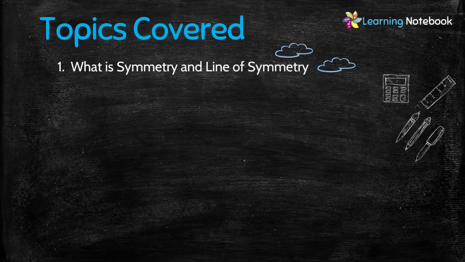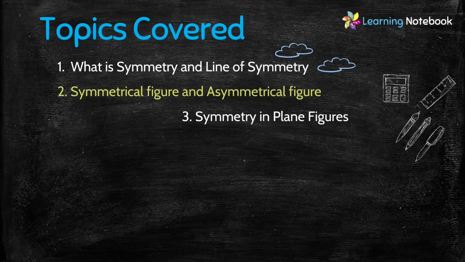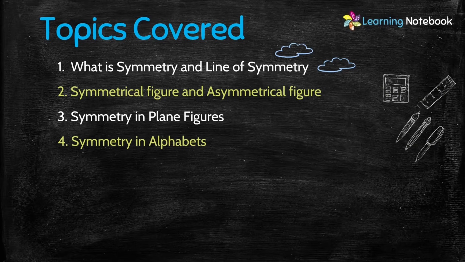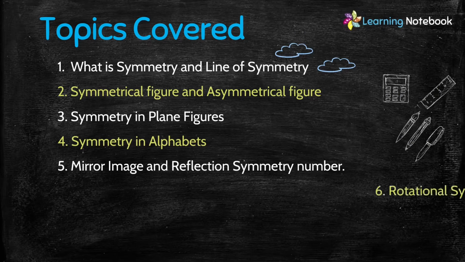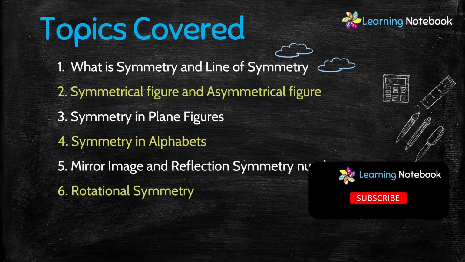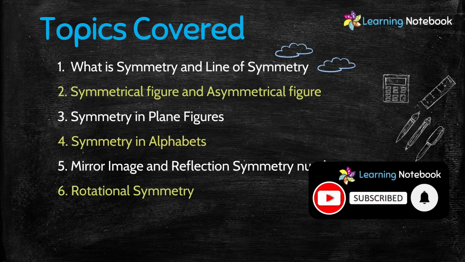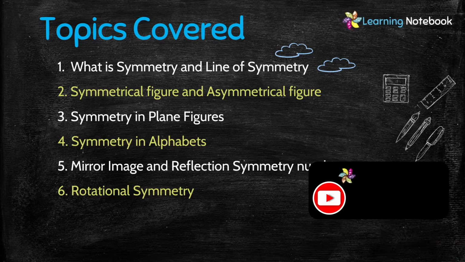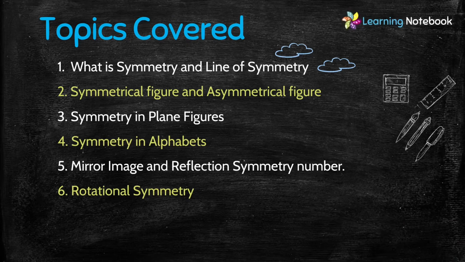So let's see what all topics we are going to cover today in this video. First, we will understand what is symmetry and line of symmetry. Then we will learn symmetrical figure and asymmetrical figure. Then symmetry in plane figures, symmetry in alphabets. After that, we will learn mirror image and reflection symmetry number. Then rotational symmetry, nets and tessellations.